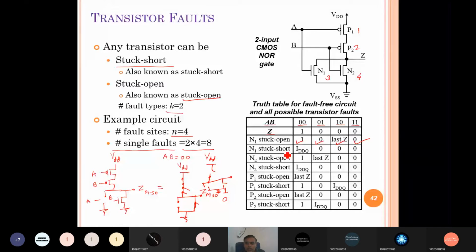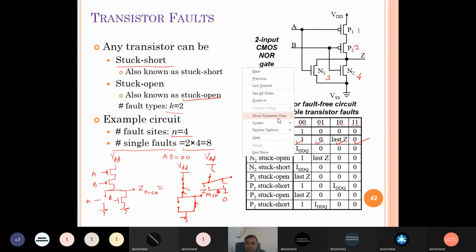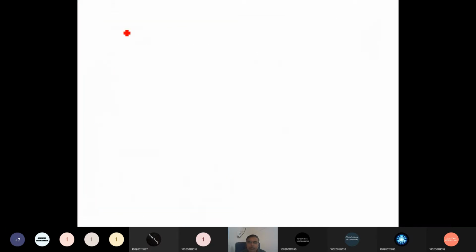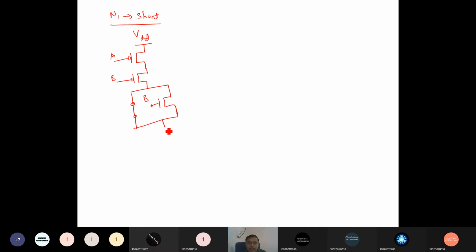Similarly, let's keep the N1 short instead of open and see what output we get. So N1 is at short, and the equivalent circuit is by keeping N1 short. Here there is a PMOS with input A, another PMOS with input B, and this is short due to the fault, and here is the B. This is the circuit.